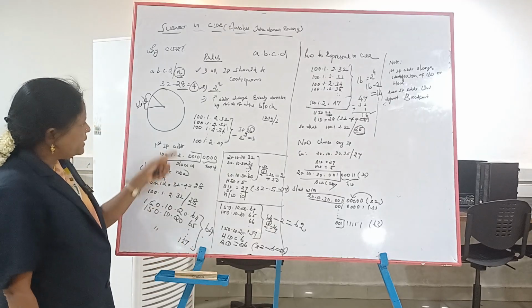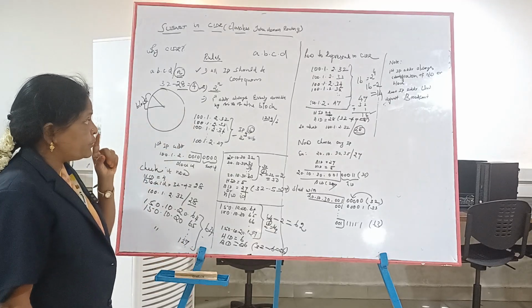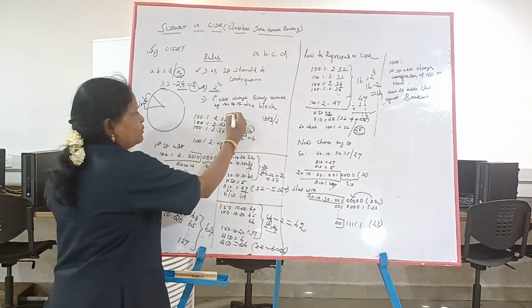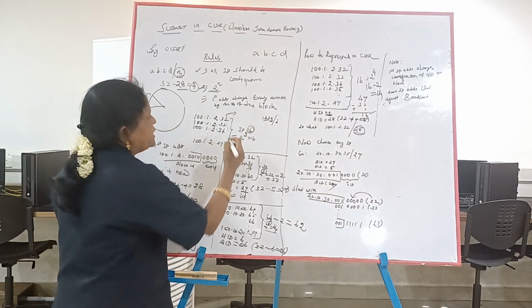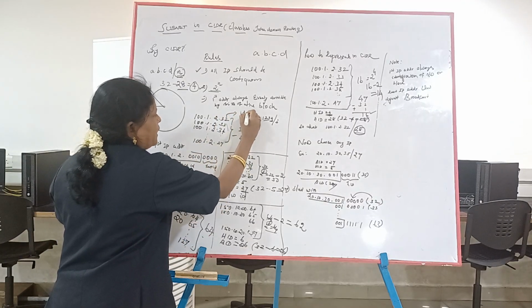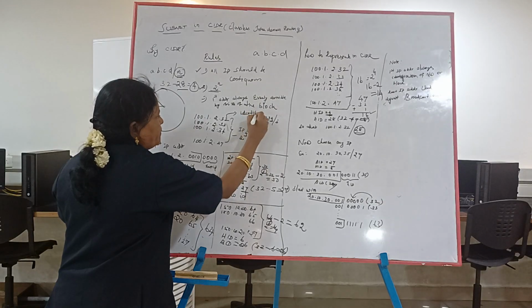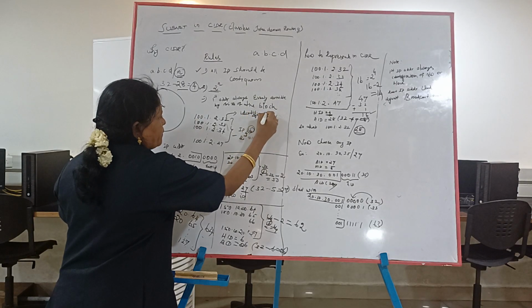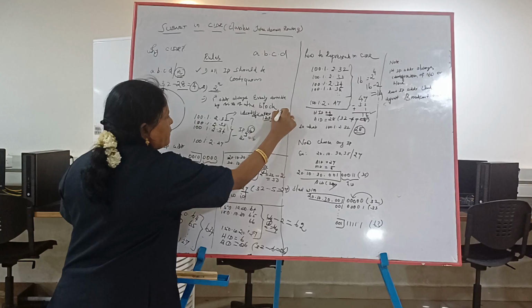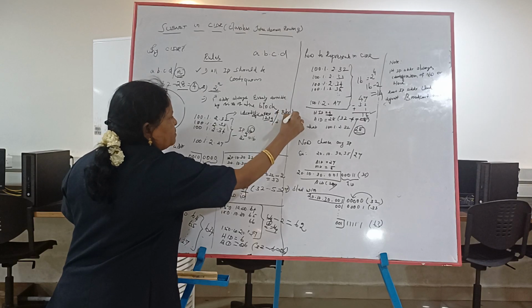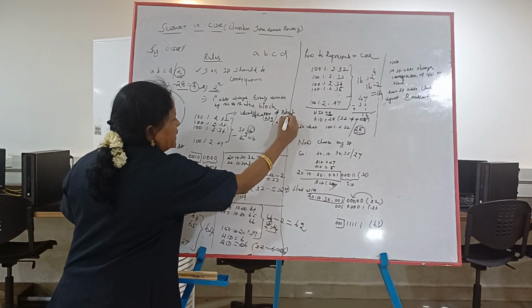The same way, consider this list of IPs also. The first IP is used for identification of the block or network.